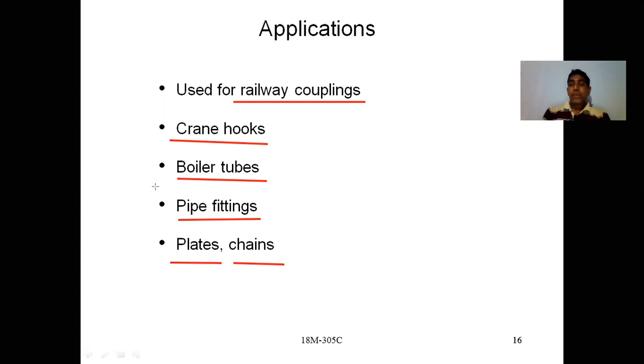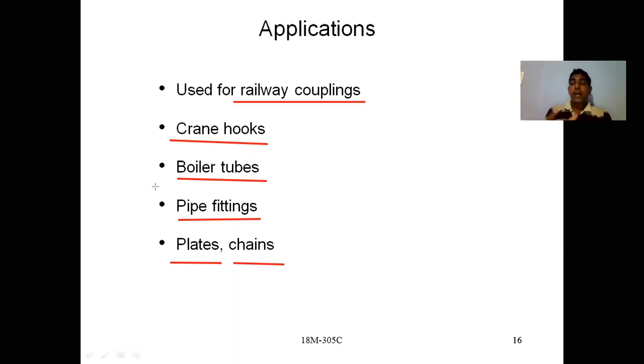But if I ask you one question, in the previous session we discussed pig iron, but we didn't discuss the applications of pig iron. Why? Because, as I already told you, pig iron is not suitable for industrial applications directly. That means pig iron does not have sufficient properties that are suitable for industrial applications.